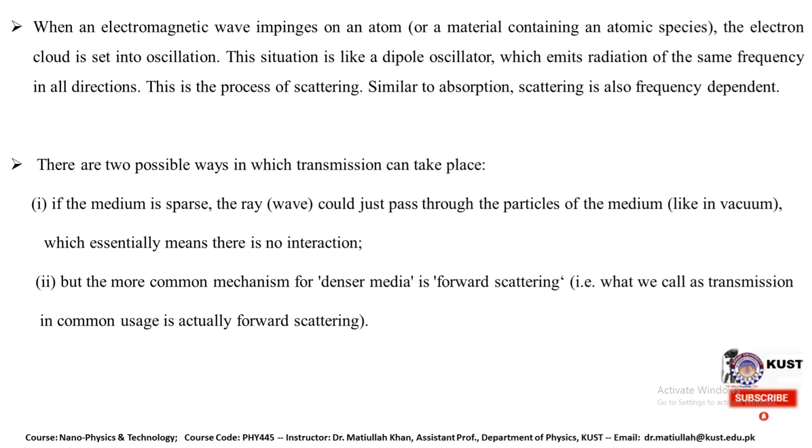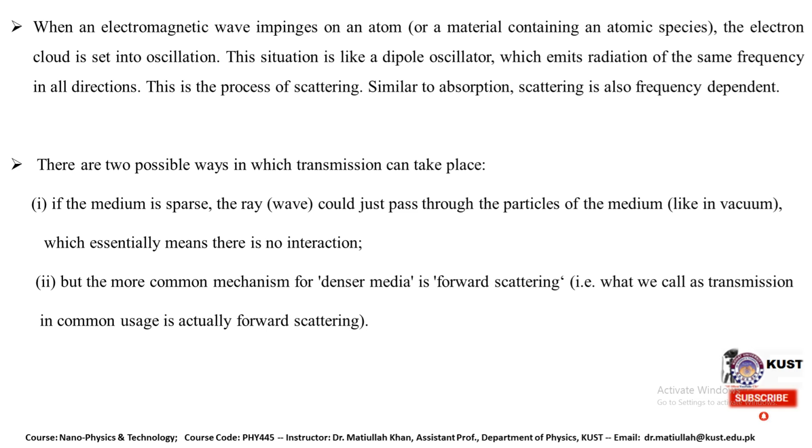There are two possible ways in which transmission can take place. The first one is that if the medium is sparse, the ray could just pass through the particles of the medium, like we consider in the case of vacuum, which essentially means there is no interaction.